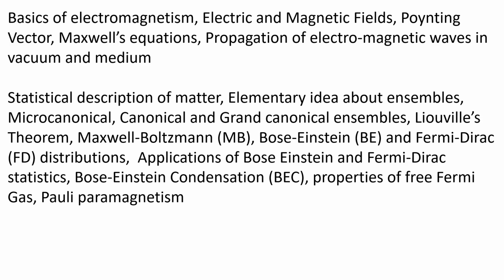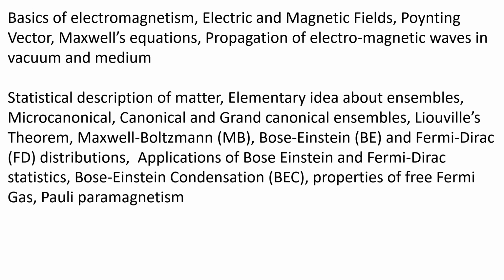Then we will also have basics of electromagnetism, electric and magnetic fields, Poynting vector, Maxwell's equations and propagation of electromagnetic waves in vacuum and medium. Then we will take on statistical description of matter, that is elementary idea about ensembles, the microcanonical, canonical and grand canonical ensembles, Liouville's theorem, Maxwell-Boltzmann, Bose-Einstein and Fermi-Dirac distributions.